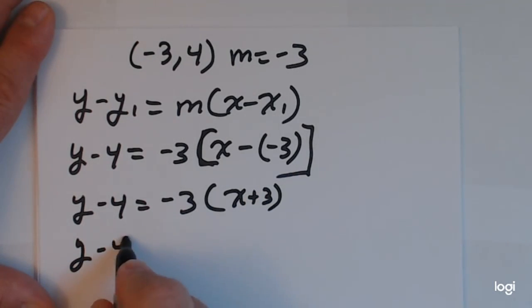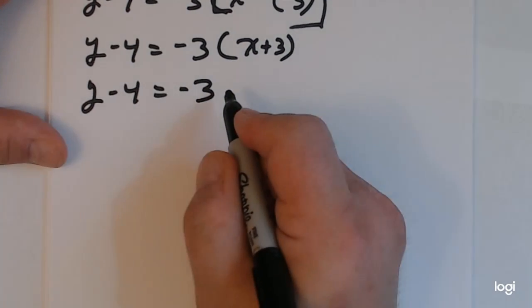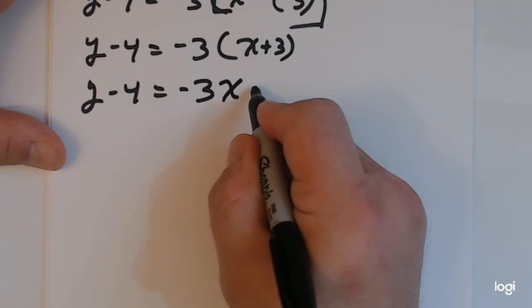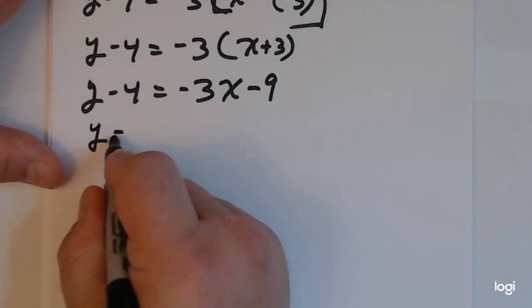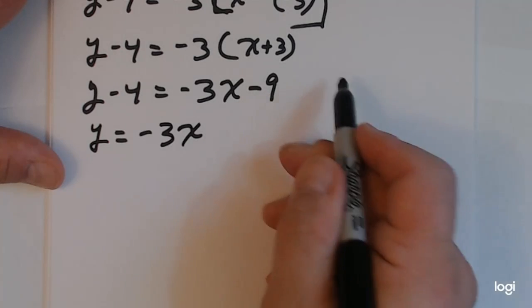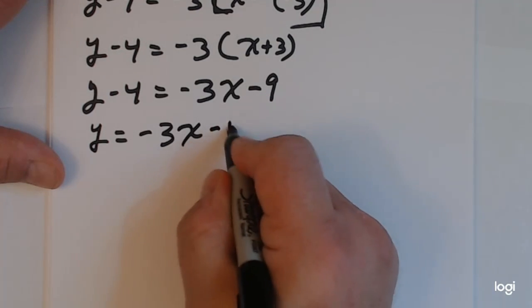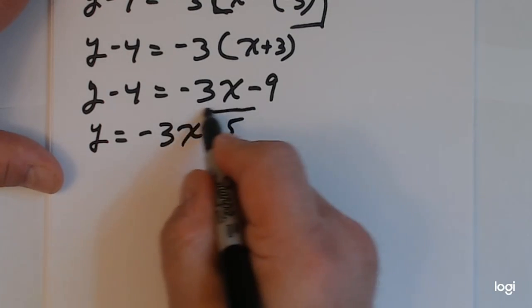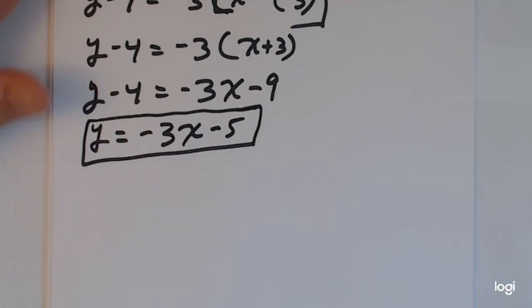So y minus 4 is equal to negative 3x minus 9. Now we're going to add 4 to each side. y is equal to negative 3x, and then negative 9 plus 4 is negative 5. So there's the equation of the line through this point.